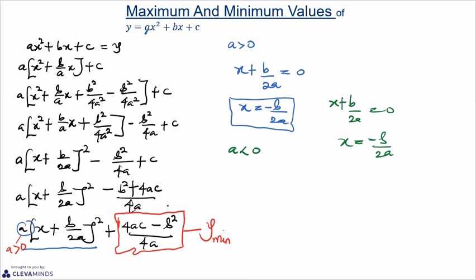So this now becomes again y maximum. Are you with me? When a is less than what? 0, and when the expression in the bracket here is equal to 0, right?